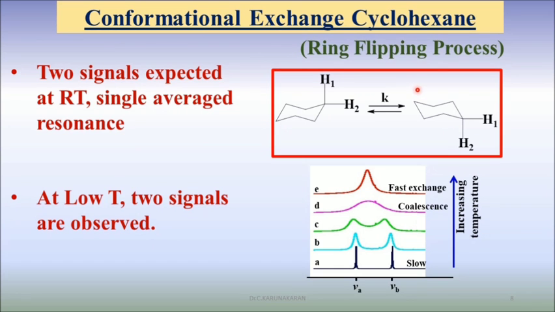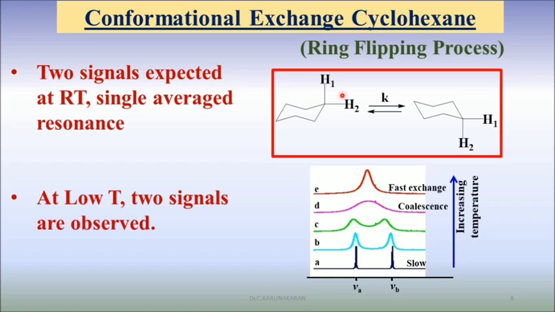Here, we will study the conformational exchange process in the cyclohexane molecule. There are two types of protons in cyclohexane: axial protons and equatorial protons. Due to the ring flipping process, axial protons become equatorial and equatorial protons become axial.